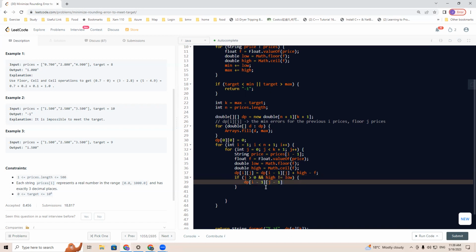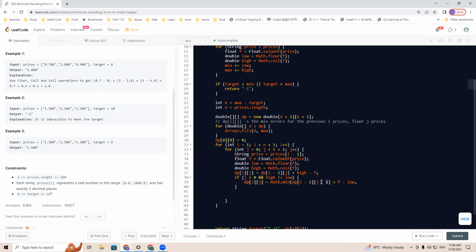We'll have dp i j equals max of min. So in that case, we can have a min value, and also for this one, we're going to floor it, so it will be floor minus low, and we'll compare these two. That means we floor one more, floor this price.